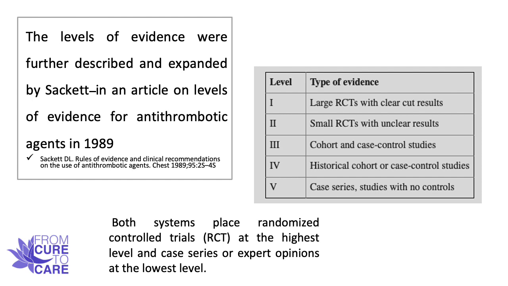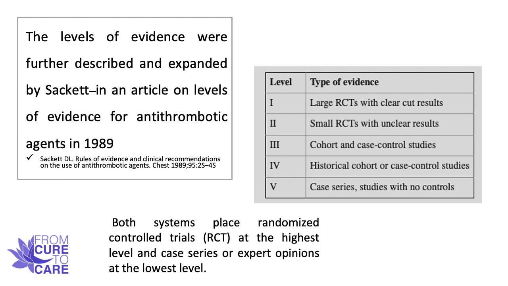The levels of evidence were further described and expanded by Sackett in an article on levels of evidence for antithrombotic agents in 1989. This is the paper. And this is the new rank of evidence, level 1, 2, 3, 4, and 5.